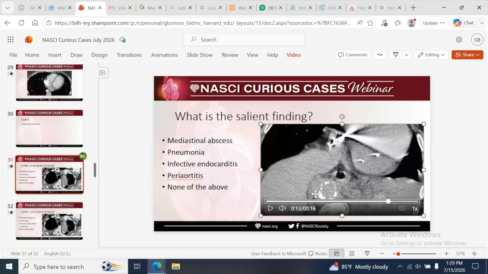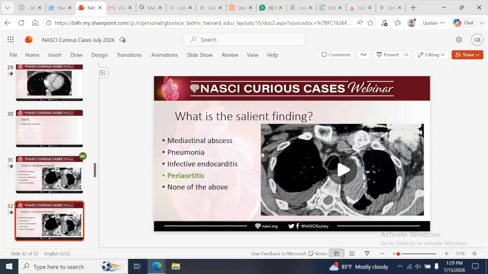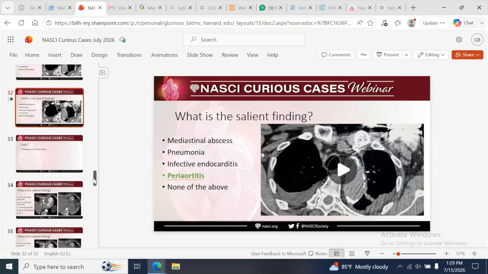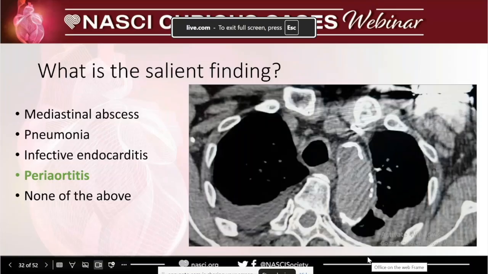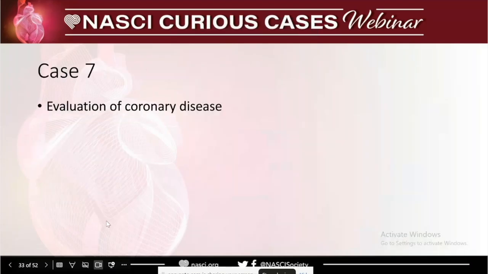It is infection until proven otherwise. So it's a very serious finding, and it's probably infectious periaortitis. And it's an emergent case. So basically, the patient needs blood cultures and broad spectrum antibiotics, and then it's a big problem, because whenever we have infectious periaortitis, big trouble, very big trouble.